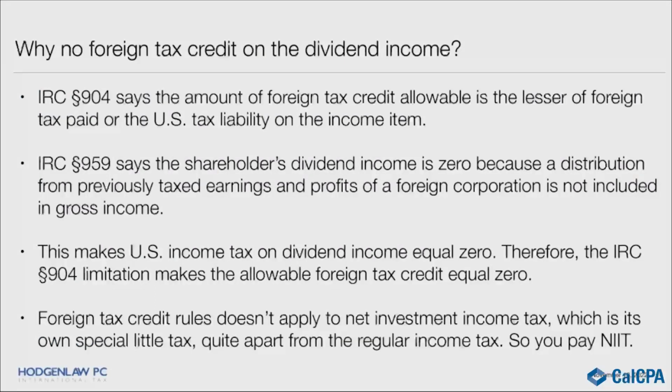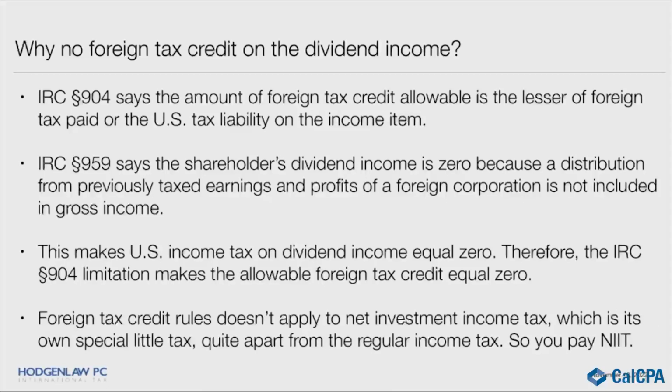So we've got no foreign tax credit. And why is that? Well, we have Section 904, which is the foreign tax credit limitation, which doesn't say it this way, but the effect of Section 904 is to say that you are allowed a foreign tax credit against your U.S. tax liability to the extent of the lower of your actual U.S. tax liability or the actual foreign tax paid. So it's a min function. You pick the lower of those two numbers, and that's the foreign tax credit allowed.